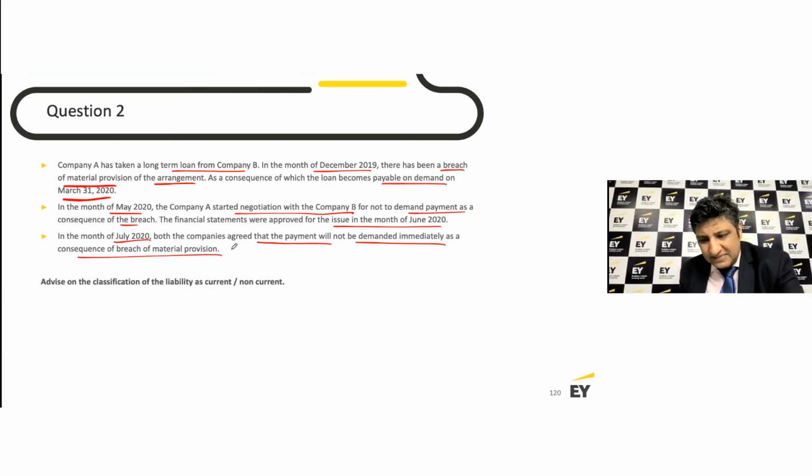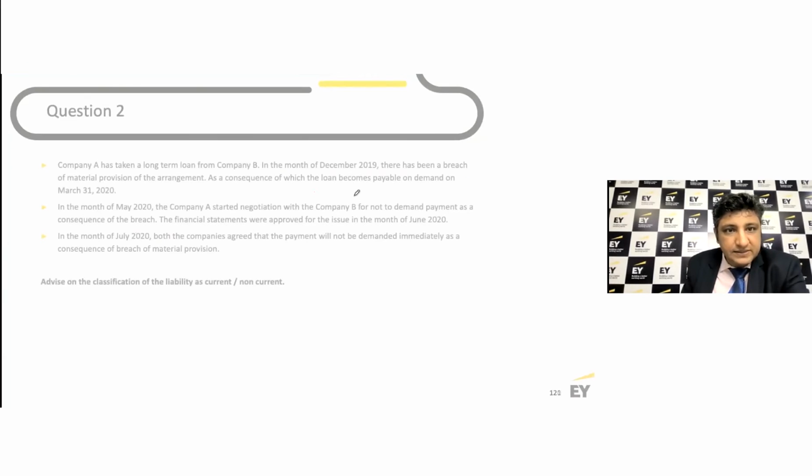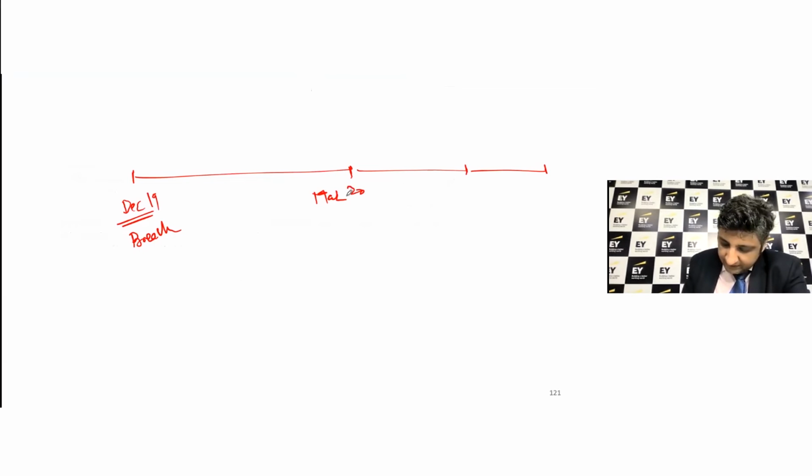Now, to address these kinds of queries, you need to remember the timeline part of it, okay? We are given that somewhere in December there is a breach. Let's look at the years. This is December 19. This is March 20. This is June 20, and this is July 20, right?